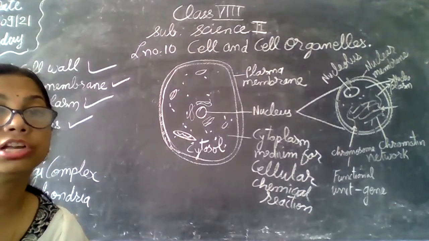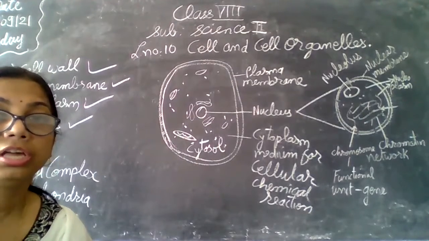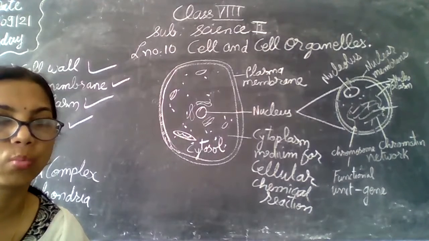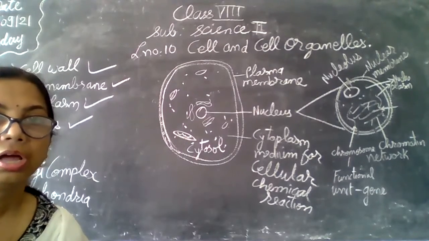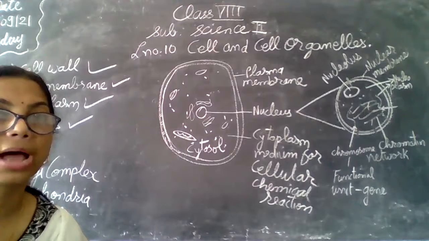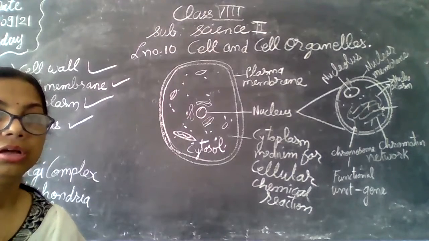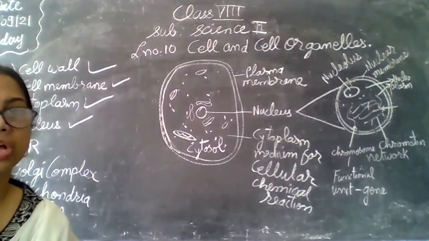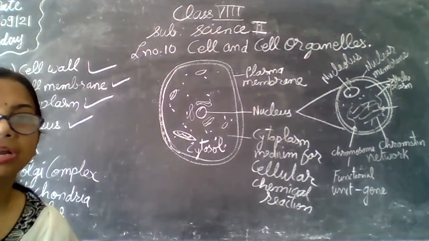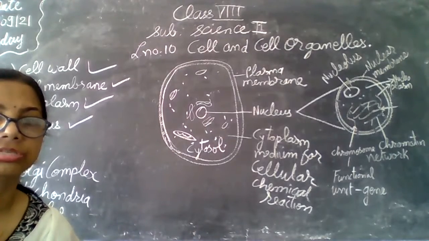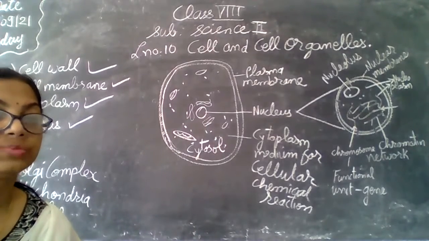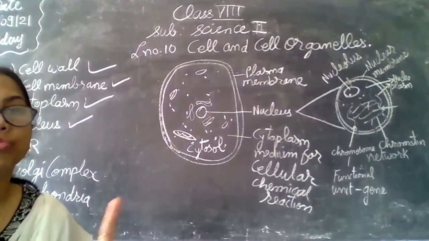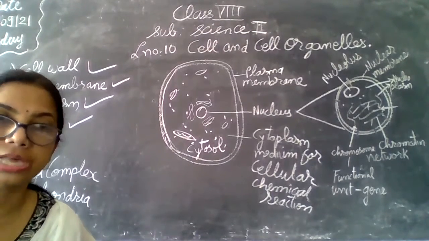And inside the nucleus, what do we have? A nucleolus and chromatin network, chromosomes network. And it is covered by a nuclear membrane, which separates the cytoplasm and the material inside the nucleus. Okay, and this is possible only in eukaryotic cells, not in prokaryotic cells.